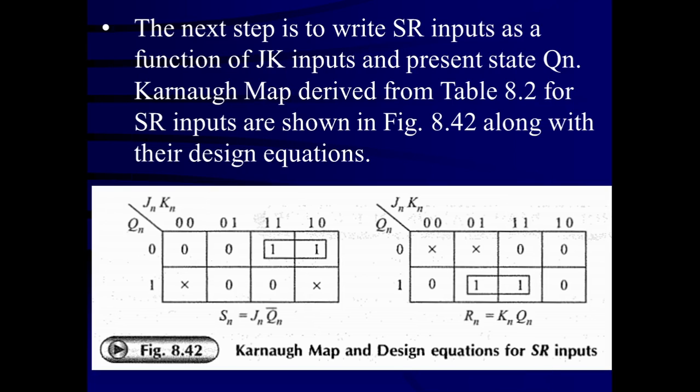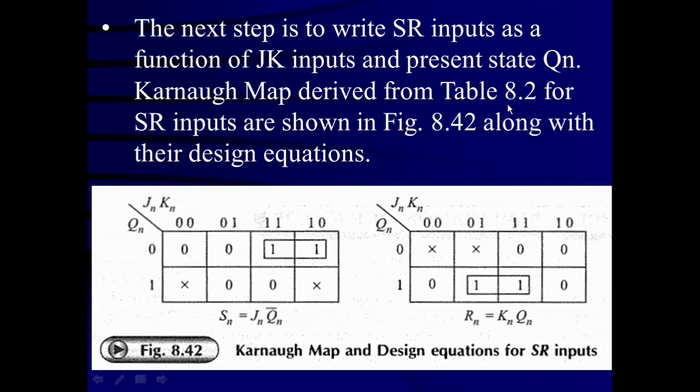Now, the next step is to write SR inputs as a function of JK inputs and the present state, Qn. So, we are going to prepare now the Karnaugh map of 3 variables. Which are the variables? J, K and the present state Qn. These are the 3 variables, and we'll be writing the SR inputs as a function of J, K and present state.